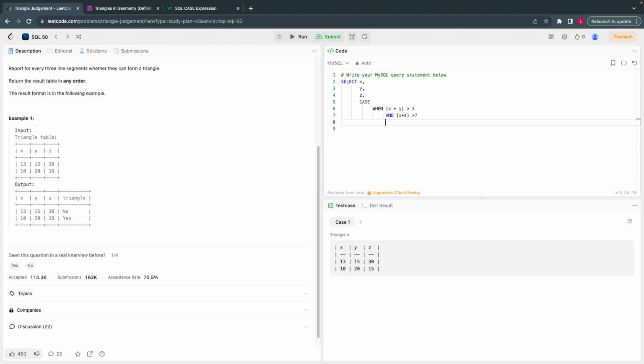And the last condition is y plus z, which should be greater than x.